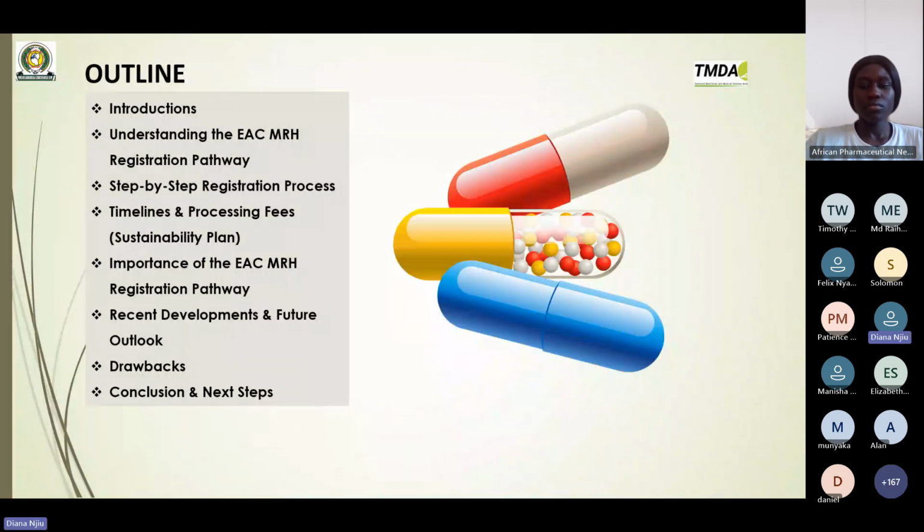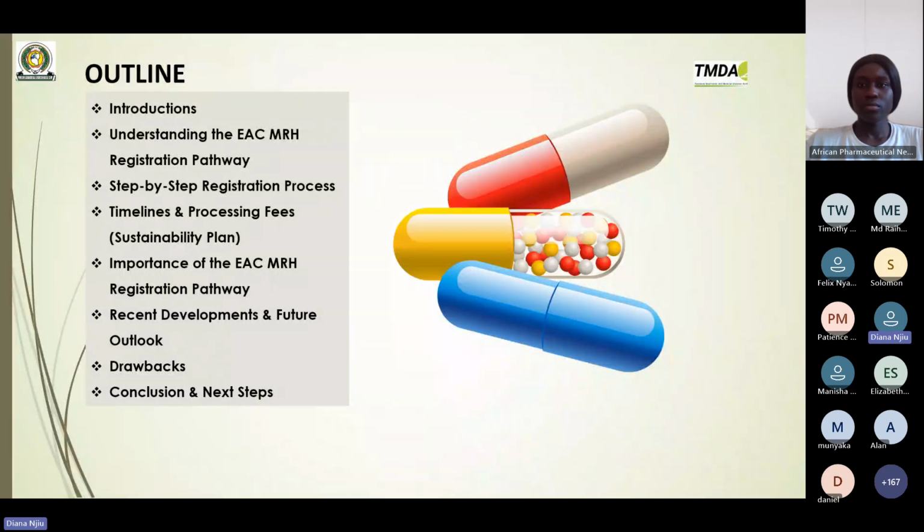In this presentation, I'm going to take you through a few topics. They will cover the introduction, where we'll get an overview of the EAC scope within Africa, what the EAC MRH is, when it was established, the objectives for initiating the program, and the benefits for companies and applicants.